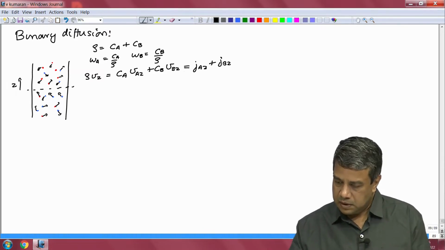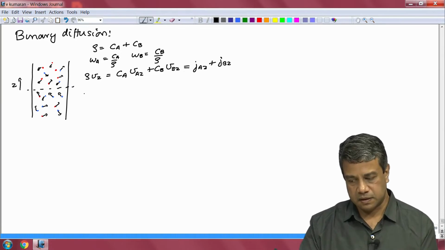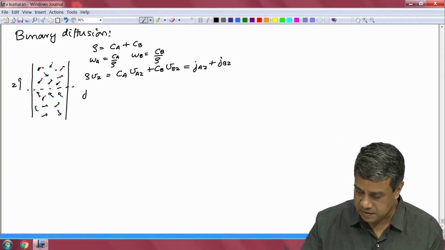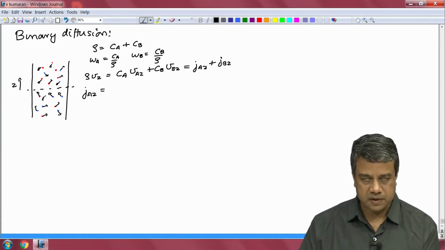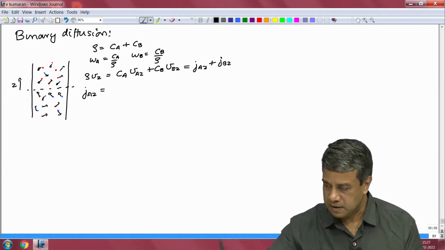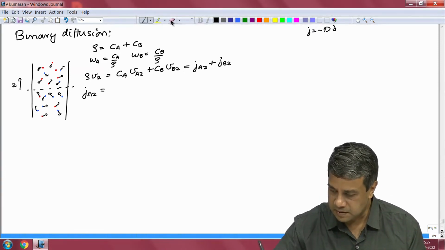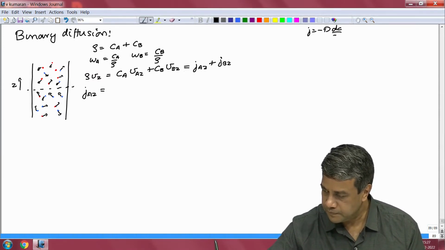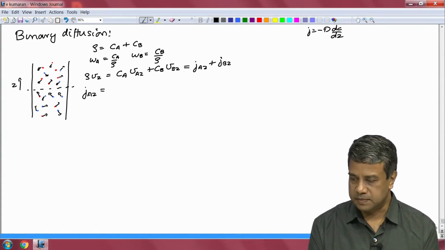Now, the constitutive relation for the mass flux in binary diffusion. If you recall, we had written the mass flux as minus D times dc by dz.